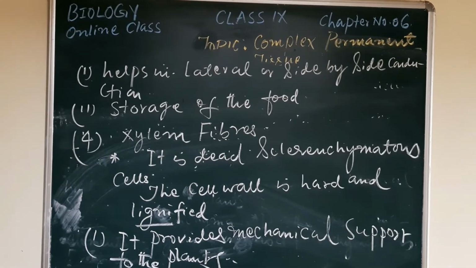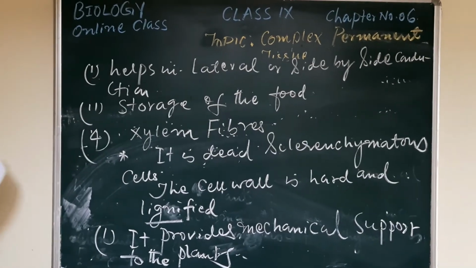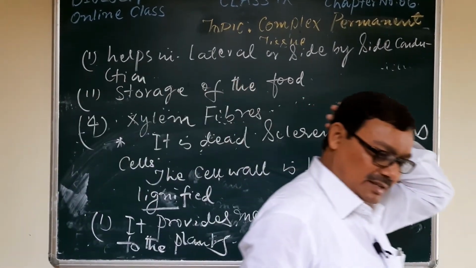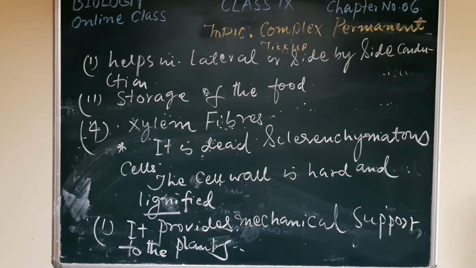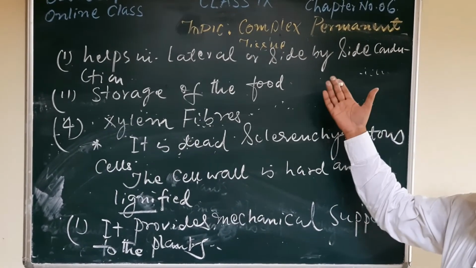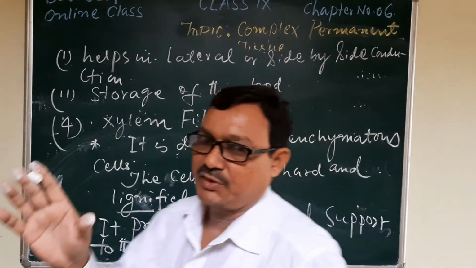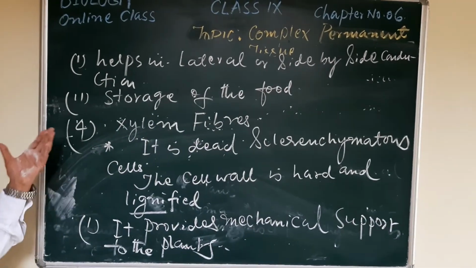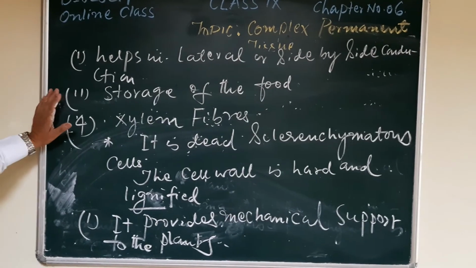So what we have seen here in the case of complex permanent tissue is that it is a tissue composed of different types of cells. These different cells may be dead or living, and their walls thin or thick.